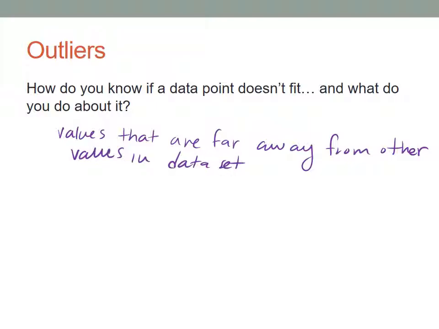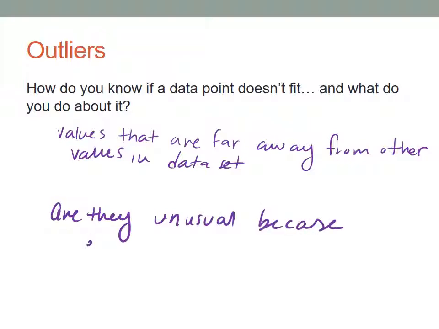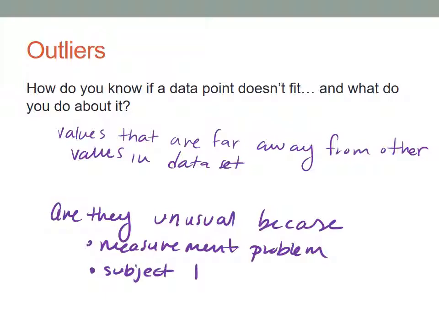They're unusual. And the question you want to ask is, are they unusual because you had a measurement problem? That could be human error, like you just misread the number. That could be telling you that your measuring instrument is off, or it malfunctioned. Or it could be a subject that is very atypical.